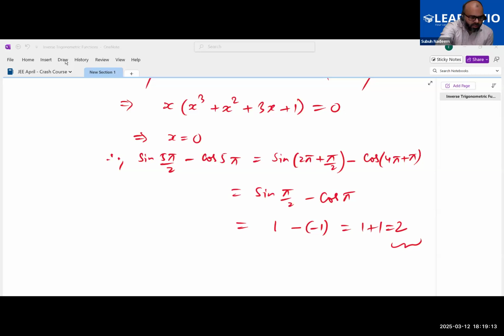Then we can conclude the class. We have almost tried all types of questions so that we can have an understanding.